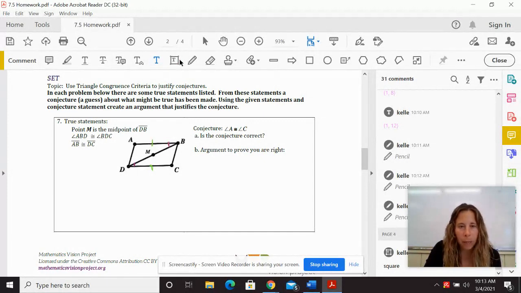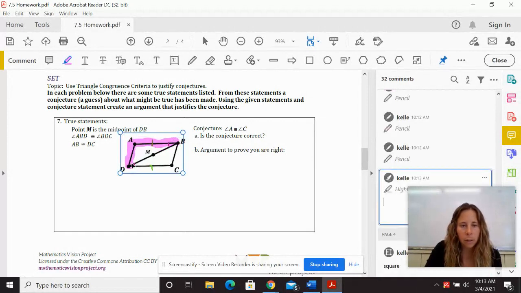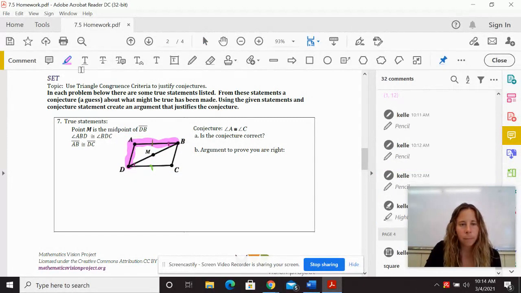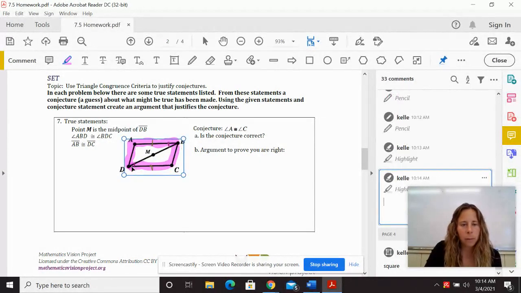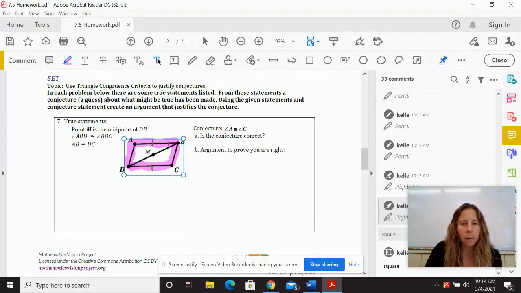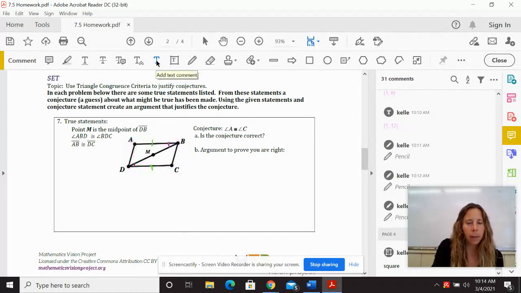That's not enough, but I'm trying to figure out if this triangle is congruent to this triangle. Well, I know an angle and I know a side, but they also share this side. So that is my key here. I'm going to get rid of my highlighting.